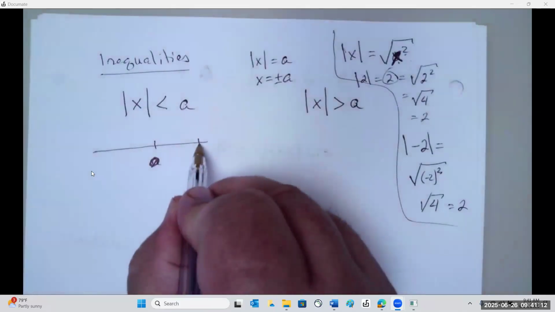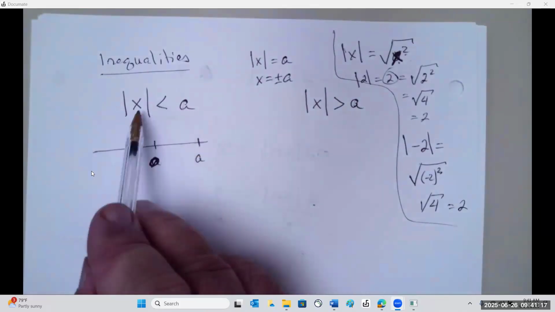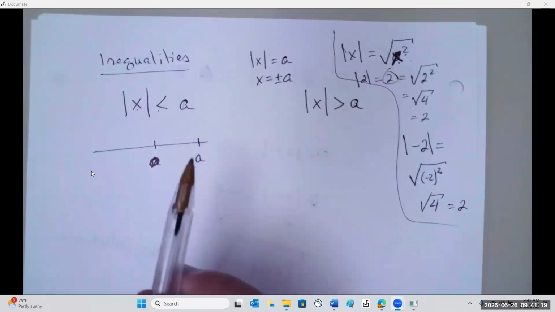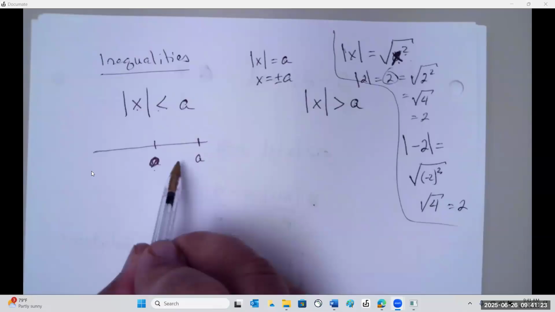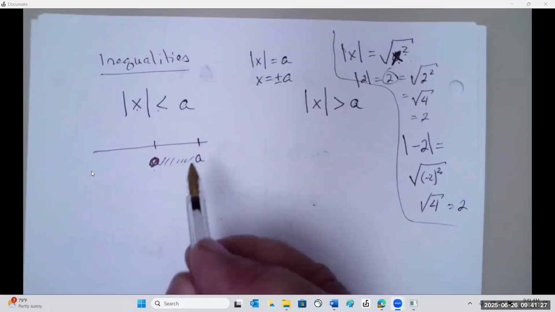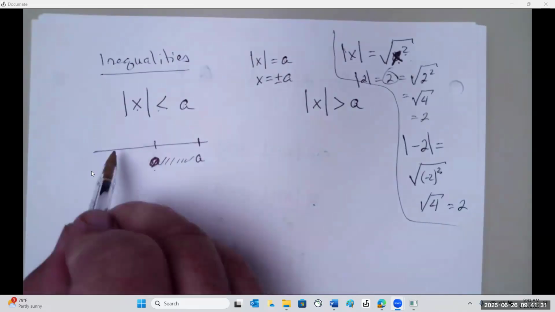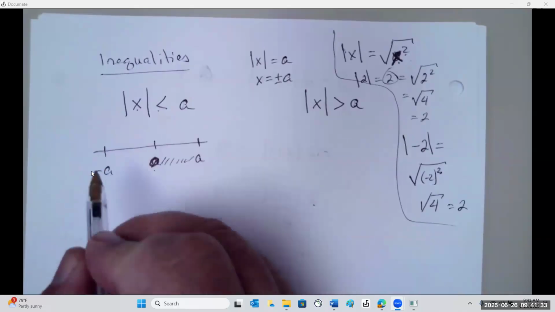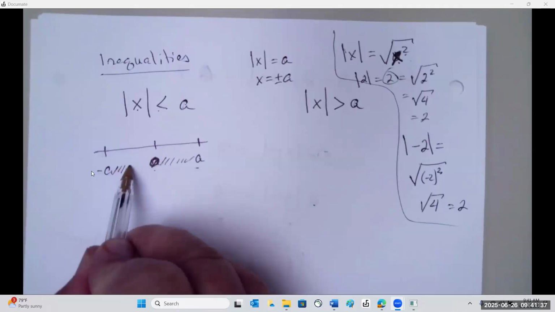So if this is A, and we're looking at X is less than A, and here's zero, what side of A is our answer on? Left or right? It's left. So if we have a negative A, because we have to have both sides, positive and negative, it's going from A to zero, so it's over here.